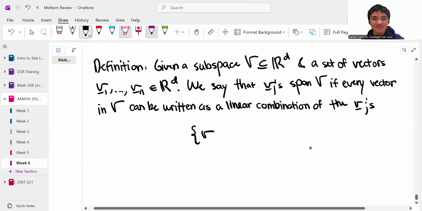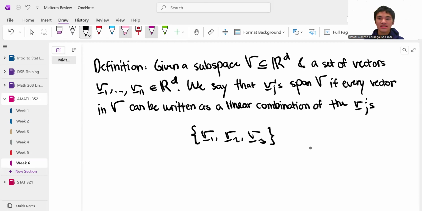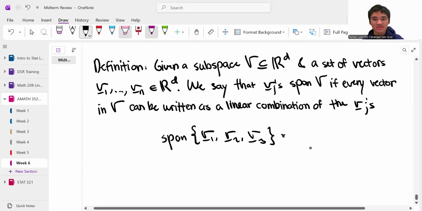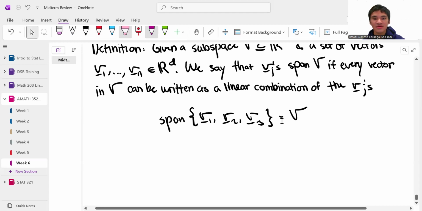Say we have this set, v1, v2, v3. We say that the v_j's, v1, v2, v3, span V, so their span is equal to V, if every vector in V can be written as a linear combination of the v_j's. Let's say V has w1, w2. That's the set that V has.